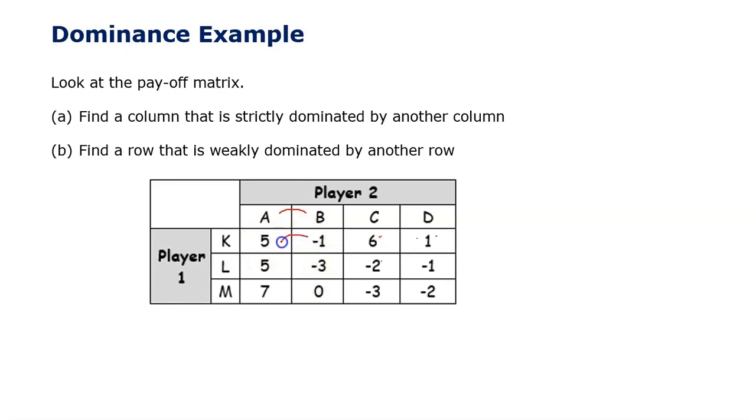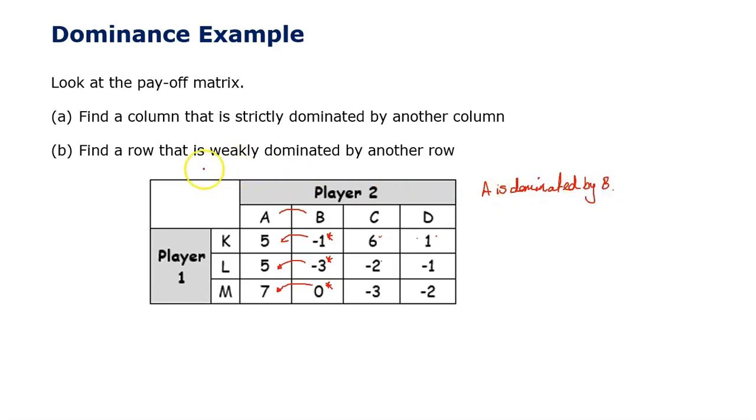So if you like, this one beats this one. And this one beats this one for player 2, remember. And this one gets no points, whereas this one would lose player 2 7 points. So actually, I think that A is dominated by B.